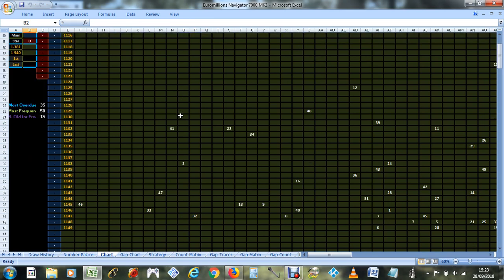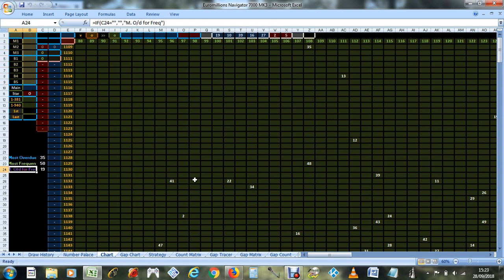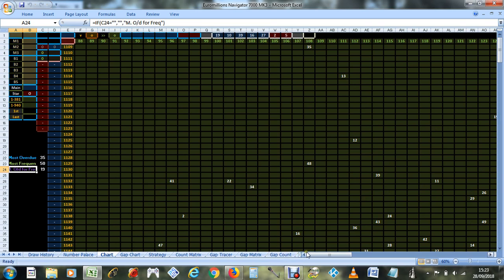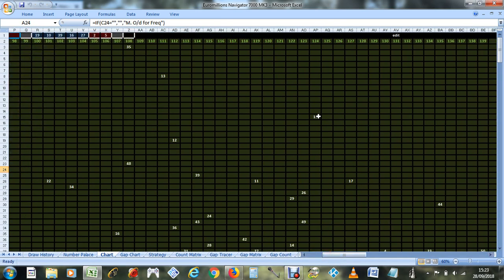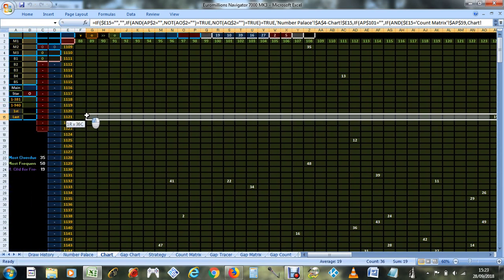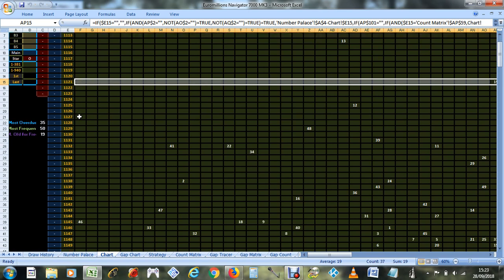And when I'm measuring to see if a number's overdue for its frequency, to find the one that's most overdue, I don't measure the full frequency right back to the beginning. I only measure the frequency as far as the boundary of the chart.